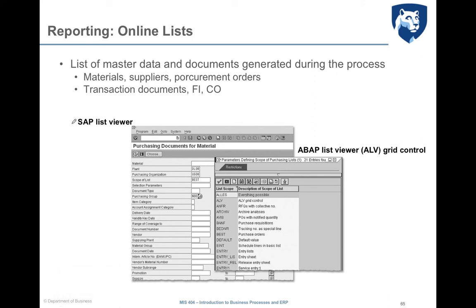You can see an example in this figure. In particular, in SAP, we have two different formats to display an online list: the SAP list viewer and the ABAP list viewer grid control. I won't go too much into detail about this, but it is very intuitive.